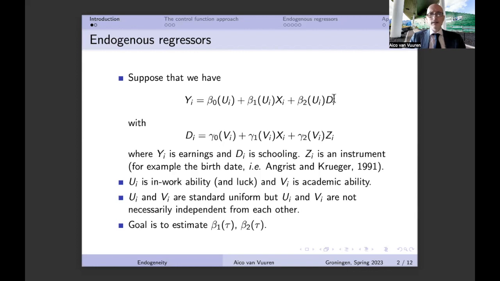And then it implies that at the moment that we fix vi, as well as control for xi, and we look at different values with respect to di, we know that vi is exactly identical in both cases.